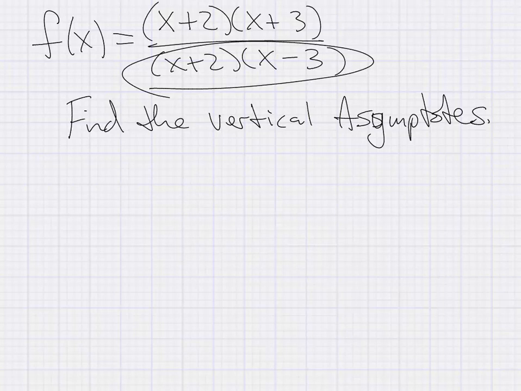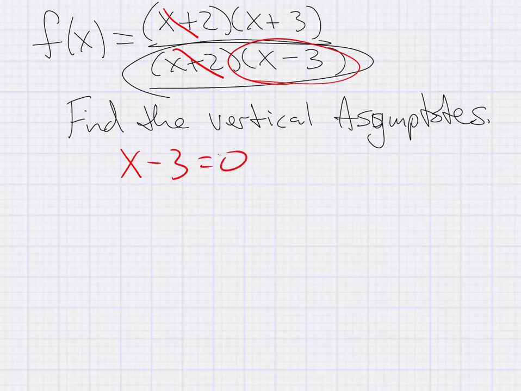So if I'm going to find the vertical asymptotes, what I have to do is simplify first, cancel those factors, and now where the denominator is 0, which is only for this factor, that's where my vertical asymptotes are going to be. So when x minus 3 equals 0, that's the only place I have a vertical asymptote, which will be when x equals 3.